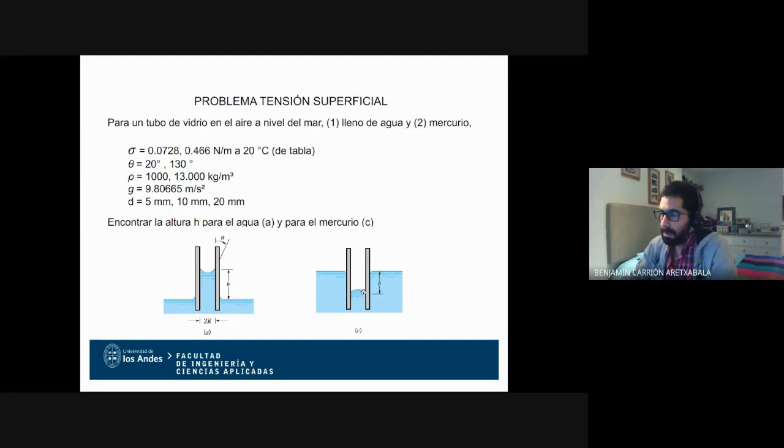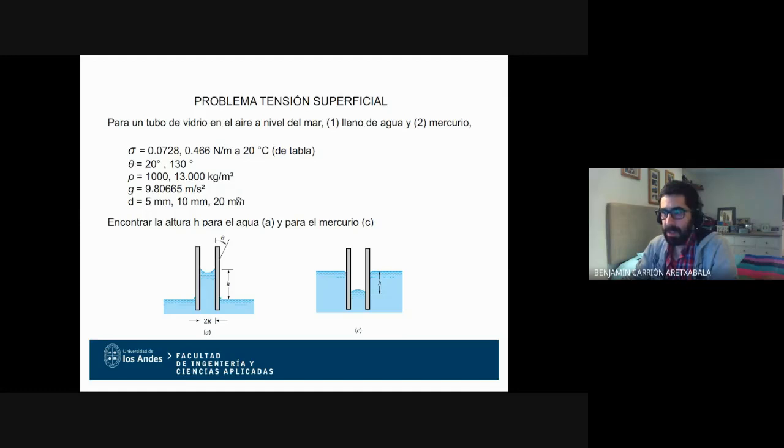You can think of the extra pressure as the weight of the mercury that is missing being balanced by the surface tension, given the right angle. And you are given the angles, and you are given the specific mass. And you can see how this changes for different diameters.